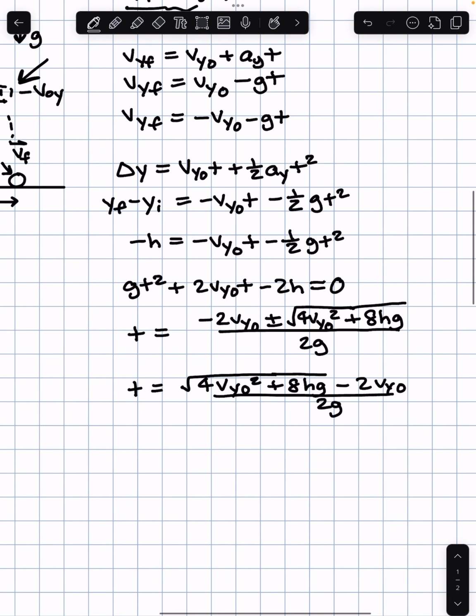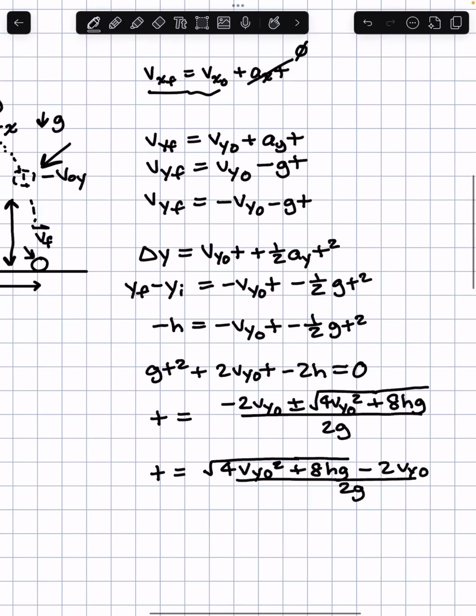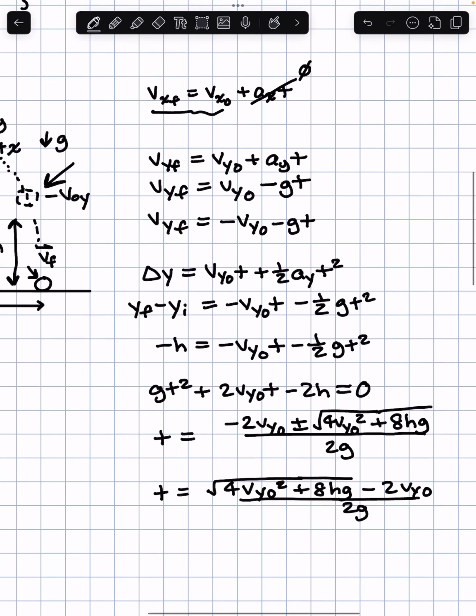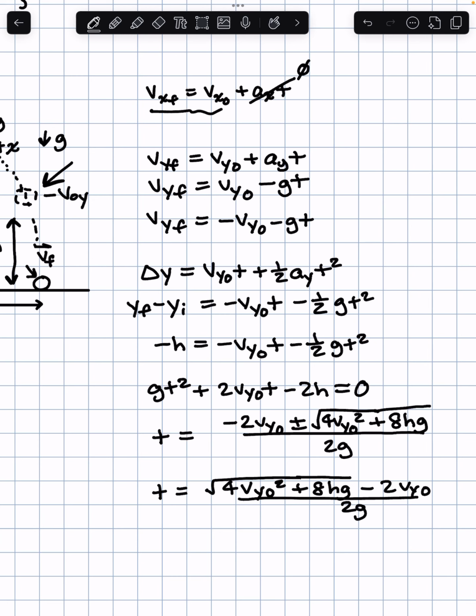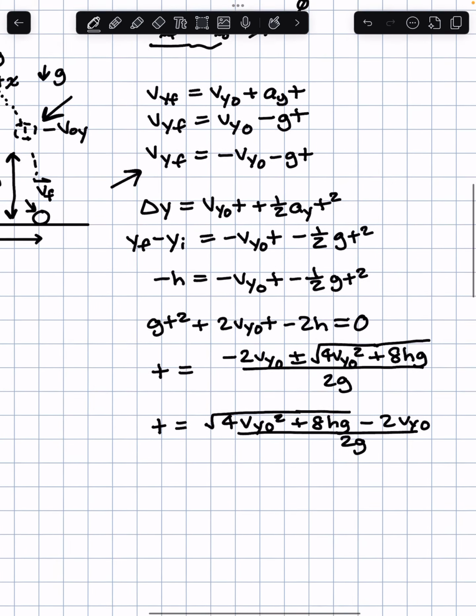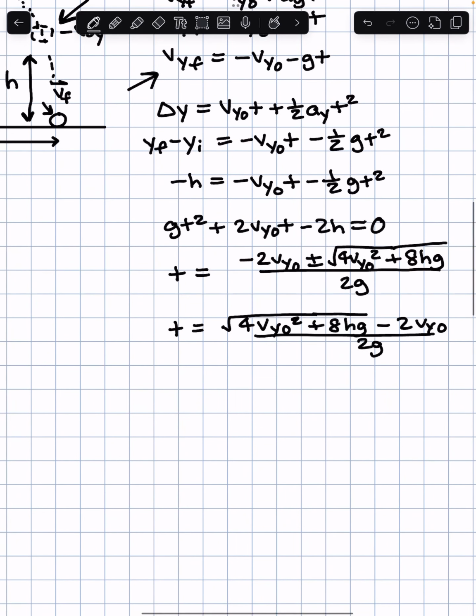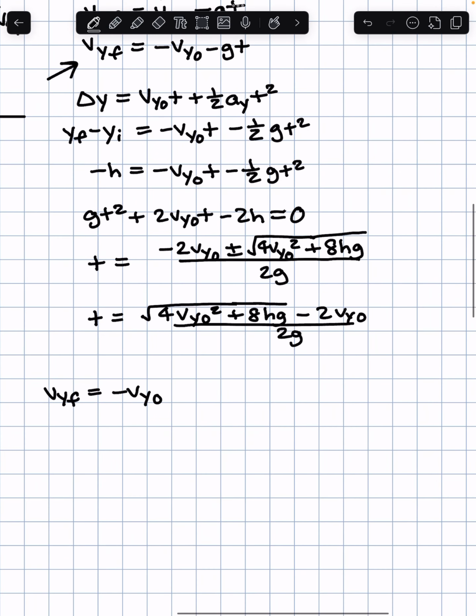Now we have our time, and we can substitute this all the way back into here. So our vyf is going to equal negative vy naught minus g times all of this.